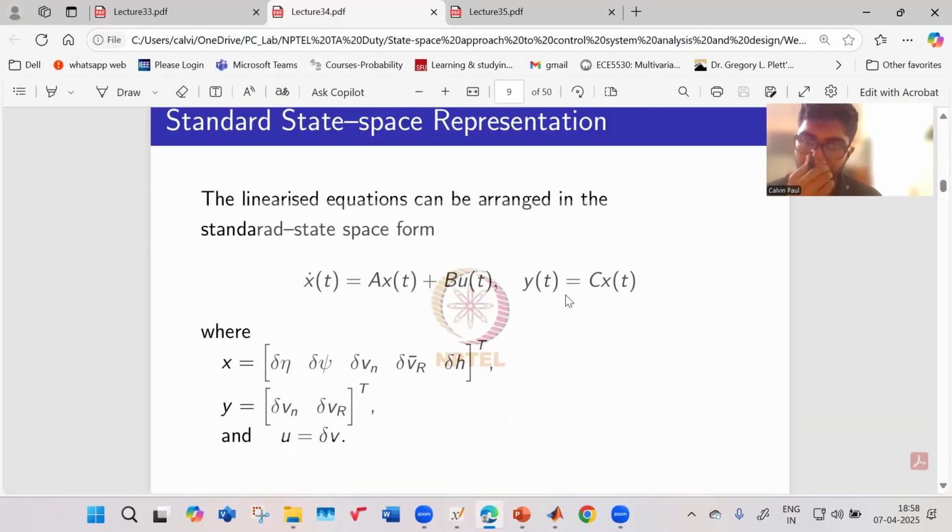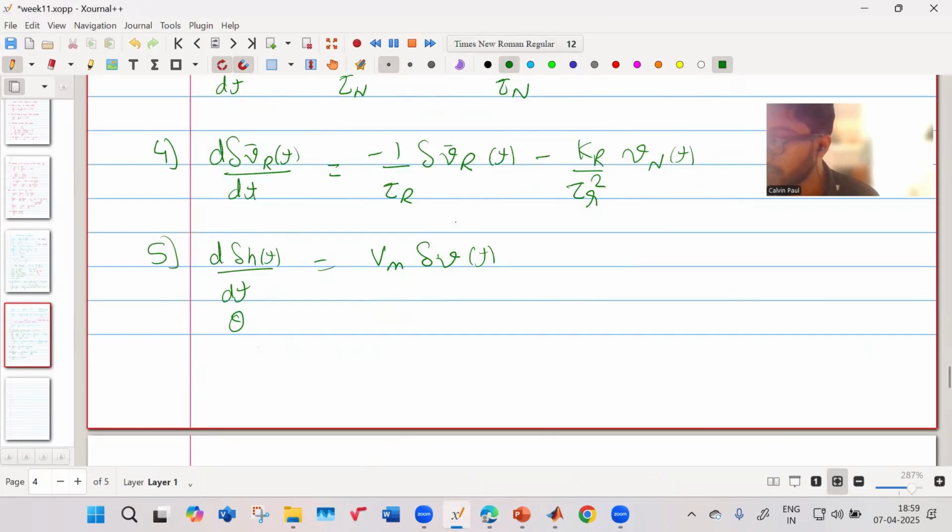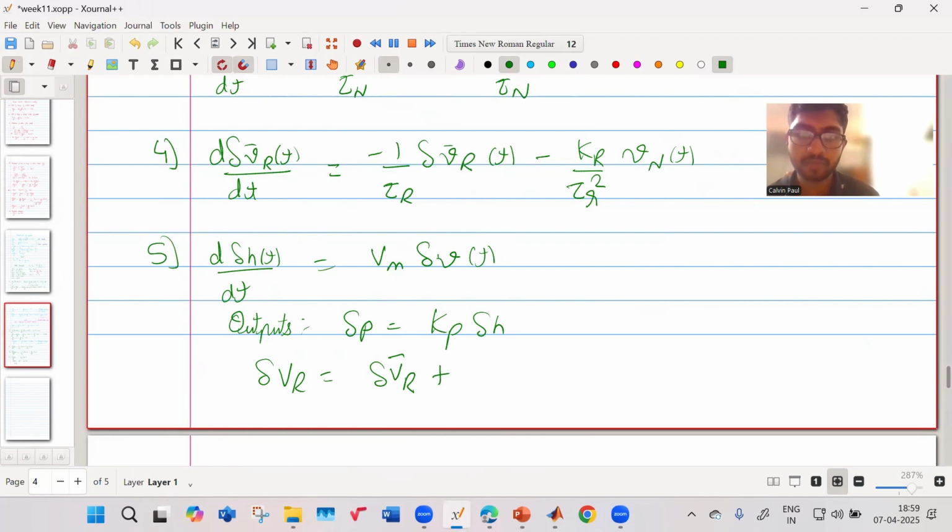One thing I'd like to stress further is my delta rho. That is the output. What are the outputs? This delta rho is equal to Kp into delta H. And my delta Vr is equal to delta Vr bar plus Pr upon tau into delta Vn.